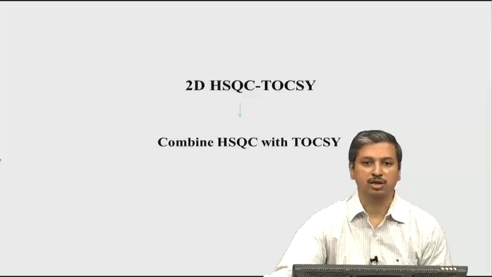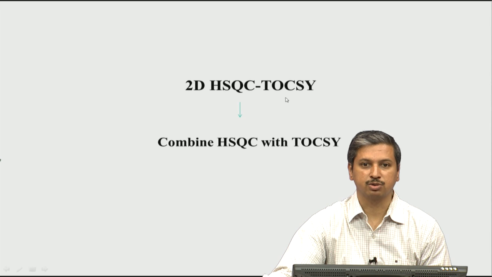Many 3D NMR experiments are nothing but combinations of two 2-dimensional experiments. This is one such combination, but it is not a 3D experiment, it is still 2D. This experiment helps many times when there is doubt or ambiguity and the TOCSY is not sufficient to resolve the peaks.